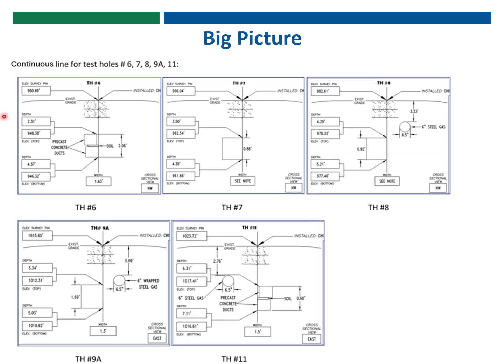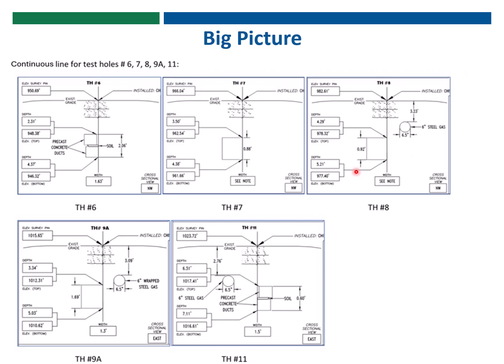The next example is another continuous duct. This time we had 5 separate test holes, and this duct line was not separated by an appurtenance as well. So test hole number 6, you see 2 ducts were found at a depth of 2.06 feet. But in test hole 7, only 1 duct was found at 0.88 feet.